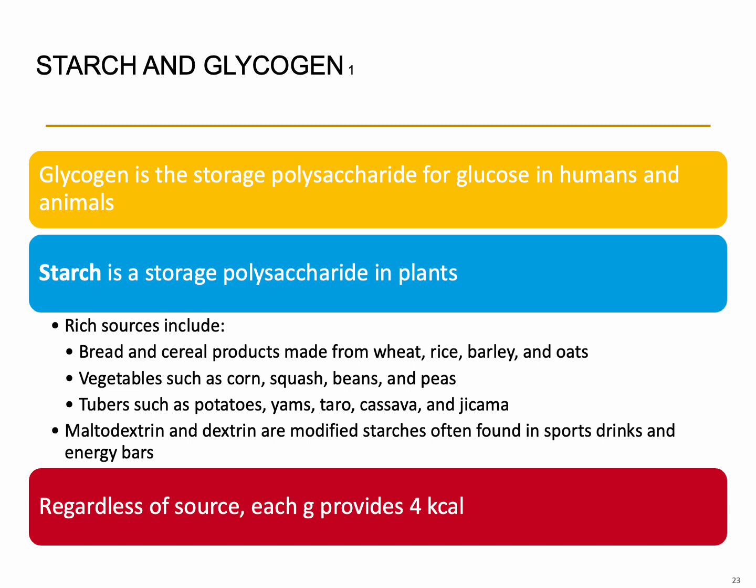In plants, we have most of excess energy being stored as starch. So that's the mainstay of a lot of diets, right? Bread and cereal products, vegetables, which can include vegetables that are higher in starch.